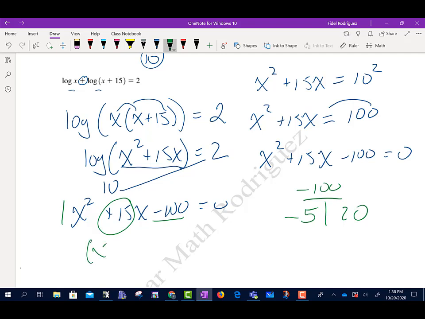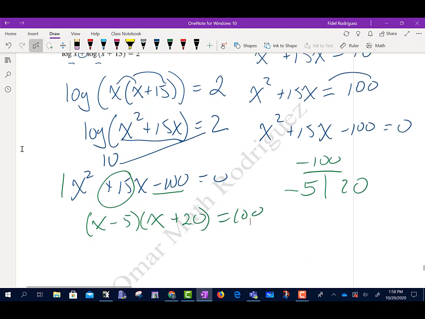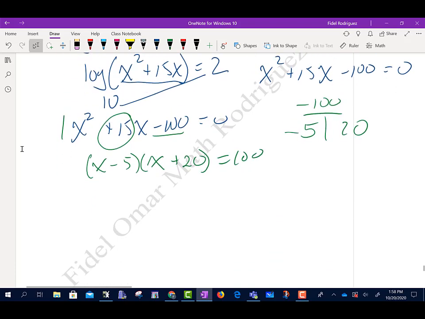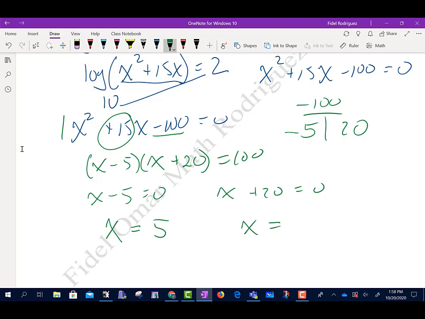So now we can write x minus 5 and x plus 20 is equal to 0. So now we have x minus 5 equals 0. X plus 20 equals 0. So from here, x is equal to 5. From here, x is equal to negative 20.